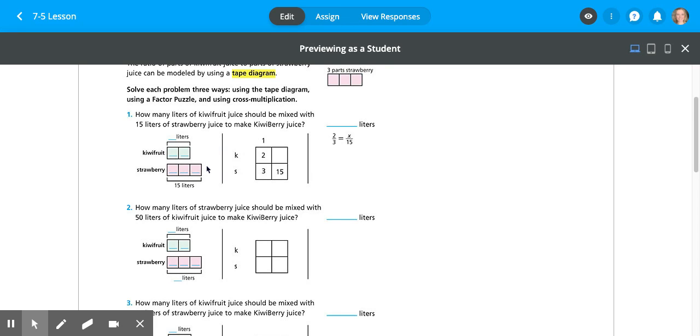So we know that the strawberry is 15 liters, and our tape diagram is split up into 3 parts. So that means our 15 liters is going to be divided by 3 to get our 3 equal parts. And we know that 15 divided by 3 is 5.